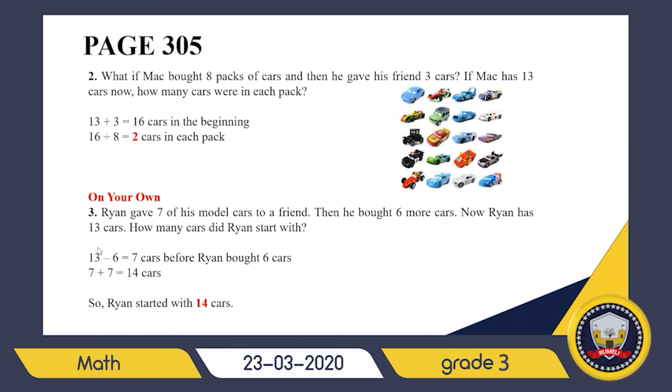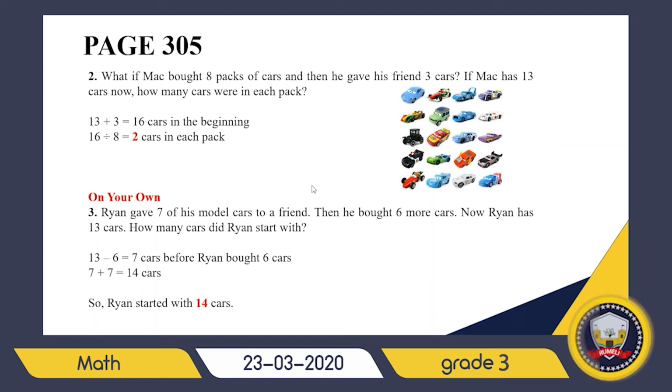So we need to do subtraction. If you buy something, before you buy, we need to find how many cars he has. So 13 minus 6, he has 7 cars before Ryan bought 6 cars. Good job.